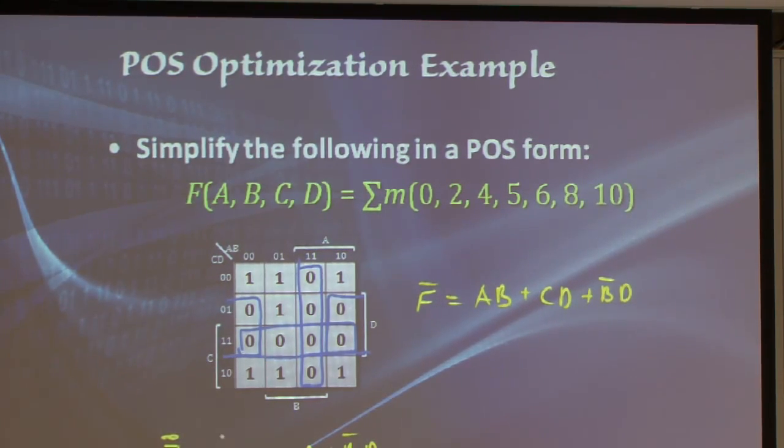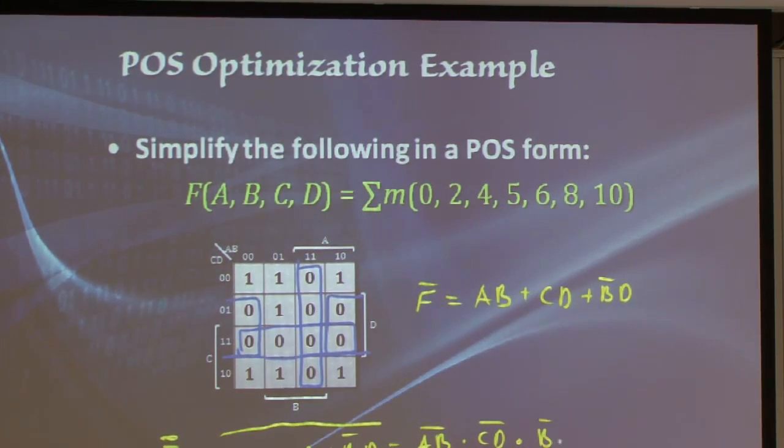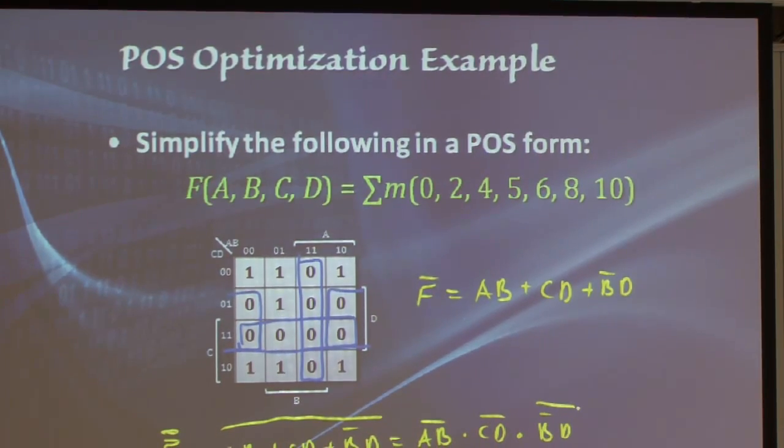And then the whole thing will be complemented. Applying De Morgan, I will do it in stages. Applying De Morgan once will give me a b inverted, and c d inverted, and not b d inverted.